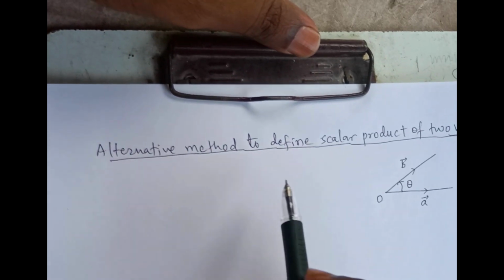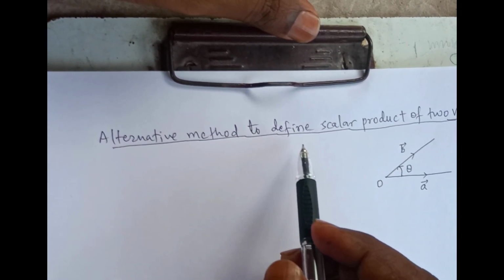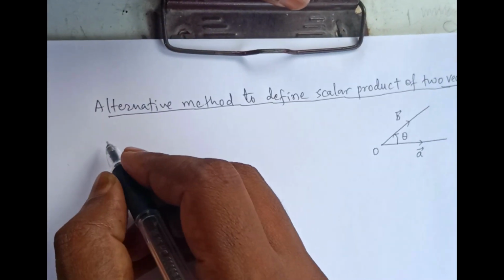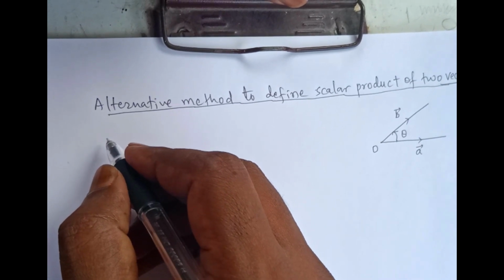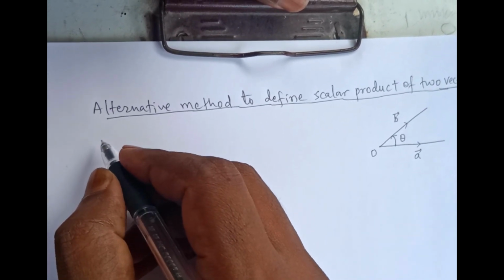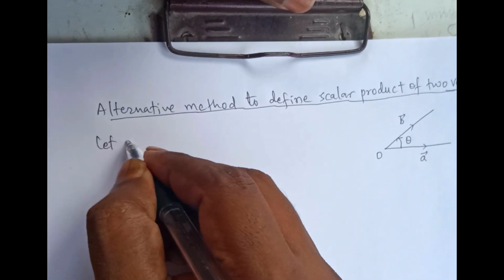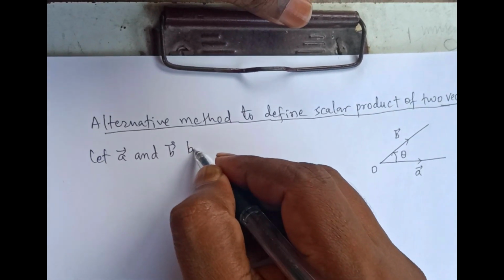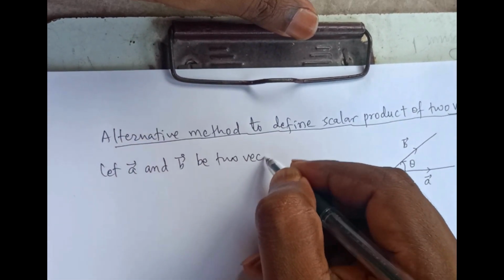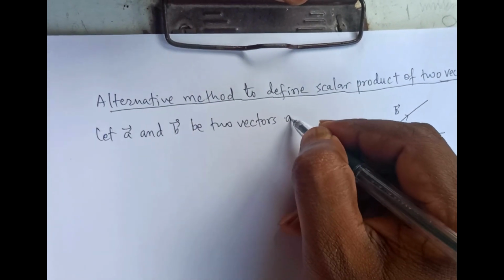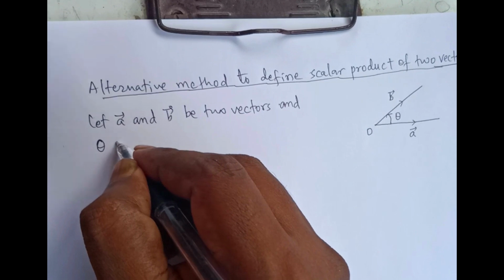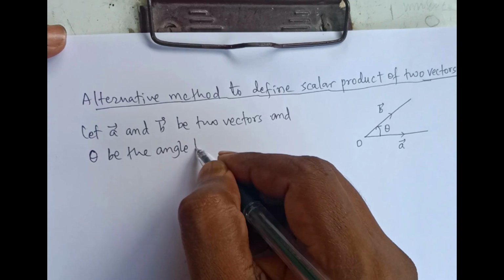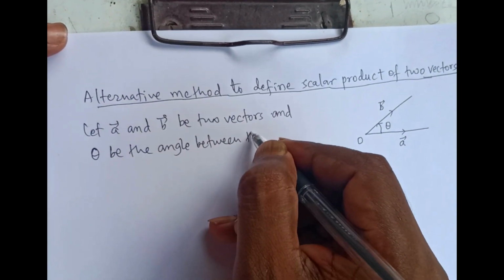In the previous video, we have already defined a scalar product of two vectors. Let us again write. Let vector A and vector B be two vectors and theta be the angle between them.